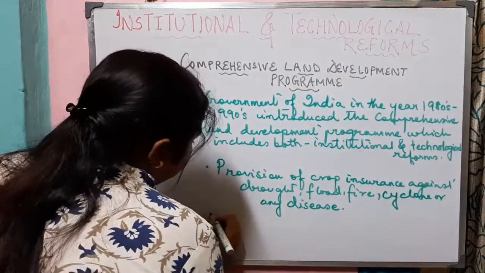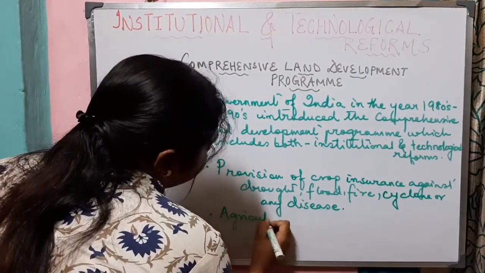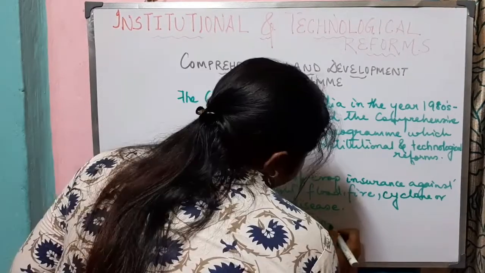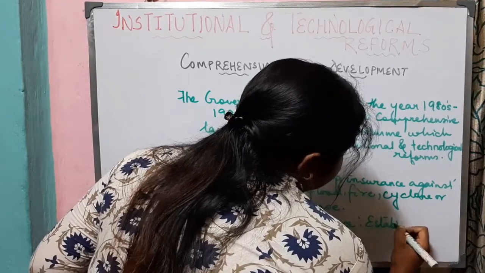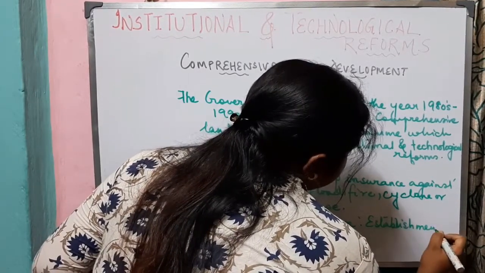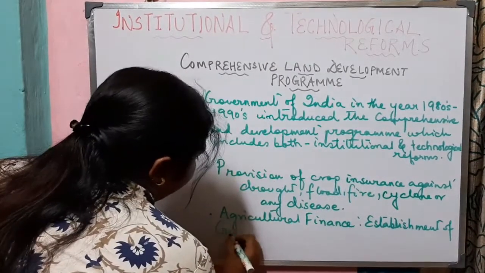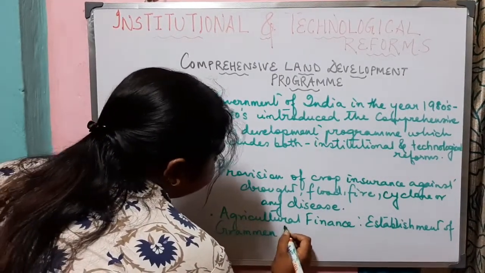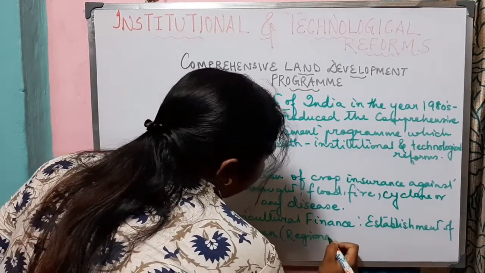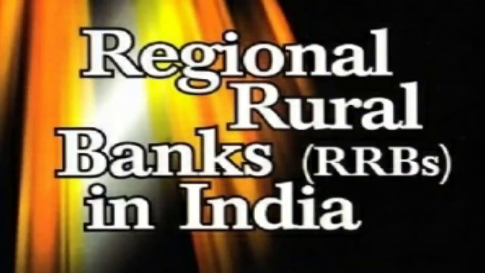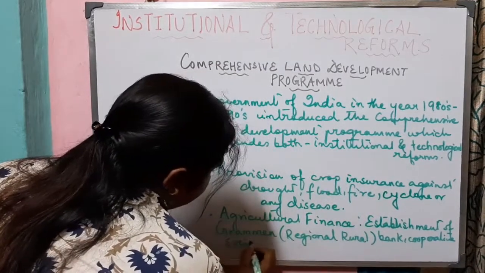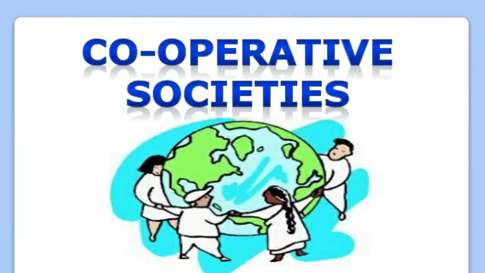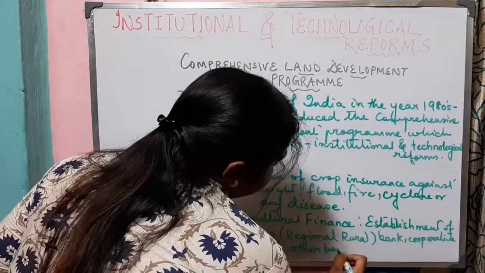It also includes agricultural finance, which includes the establishment of Grameen banks, that are the regional rural banks, cooperative societies, and other banks.